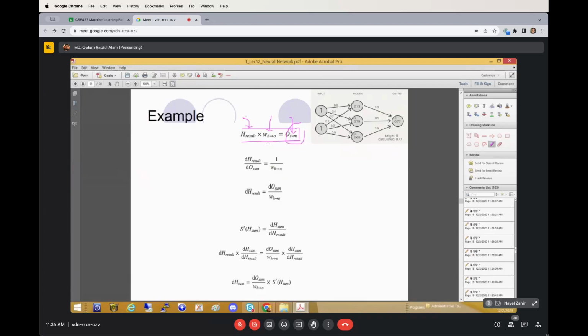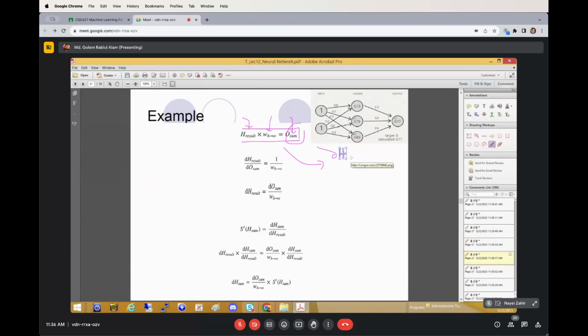If we take the derivative with respect to delta output sum, it will be delta hidden results by delta output sum times WHO. Since we are taking the derivative with respect to delta output sum, this time it will be 1.